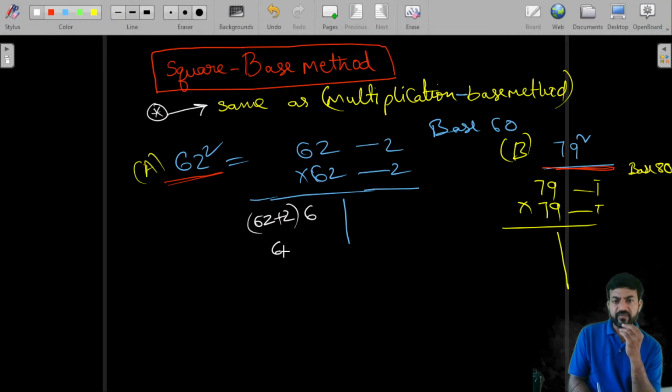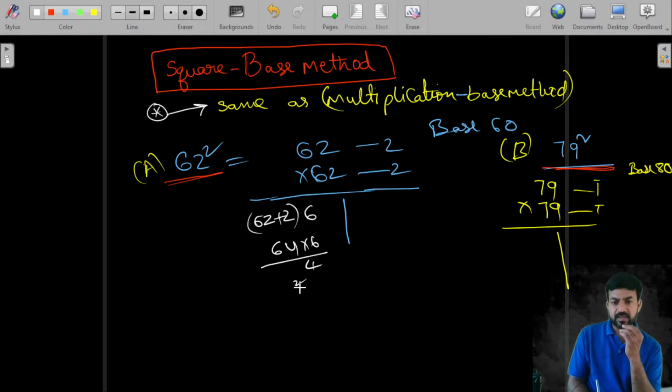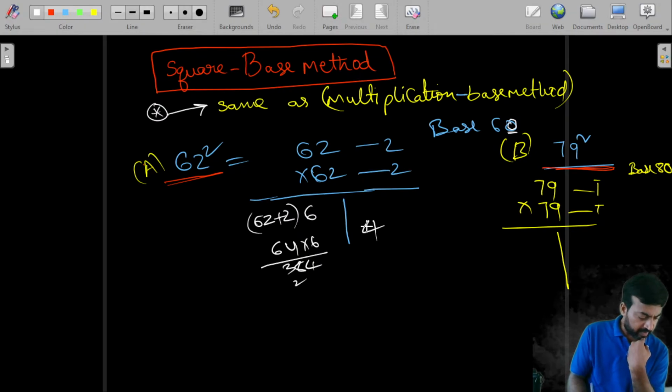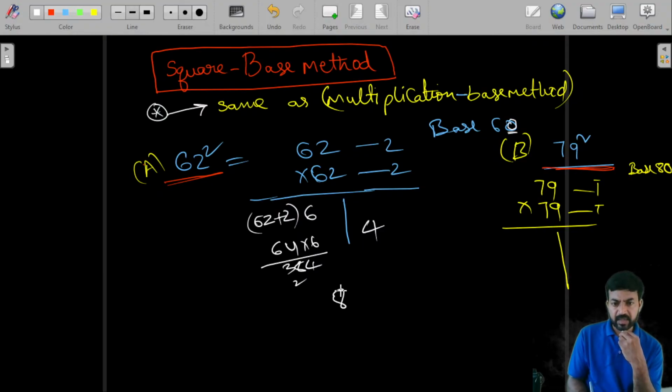That is 64 into 6. 6 4s are 24, 4 here, 2 carry, 6 6s are 36, 37, 38. So 384 is one part, and we have 1 zero in the base, so you have to write the answer in 1 digit format, 2 to the 4. So 3844 is the answer. Yes, many of you did correctly.